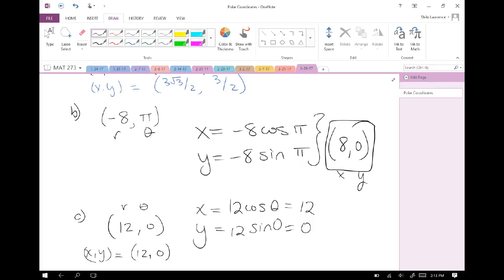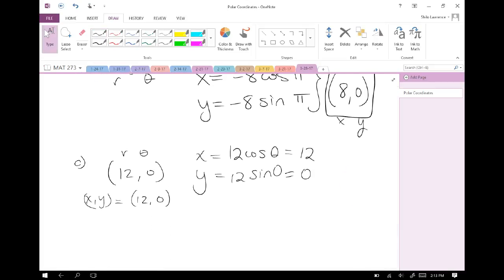On the y-axis, the angle is going to be pi over 2. Or, actually, we could say, on the y-axis, go negative units from the 0 angle. If we did negative units from the 0 angle, those would put us on the negative axis.